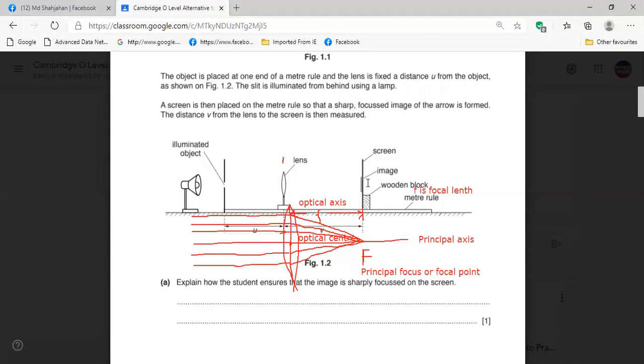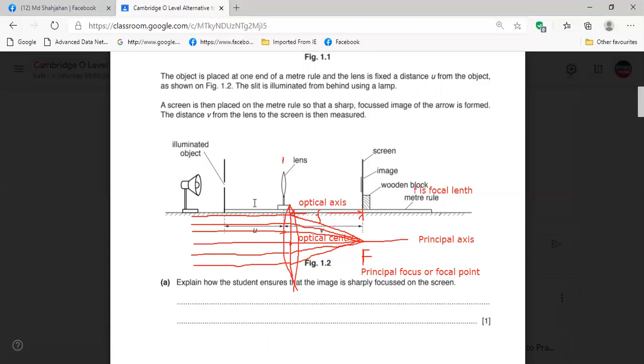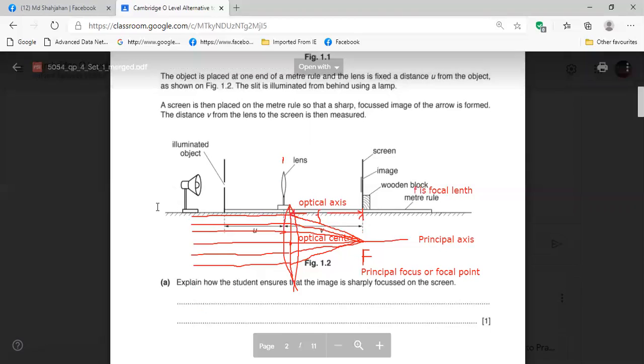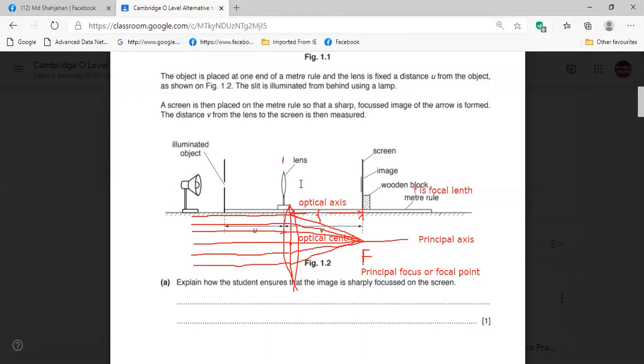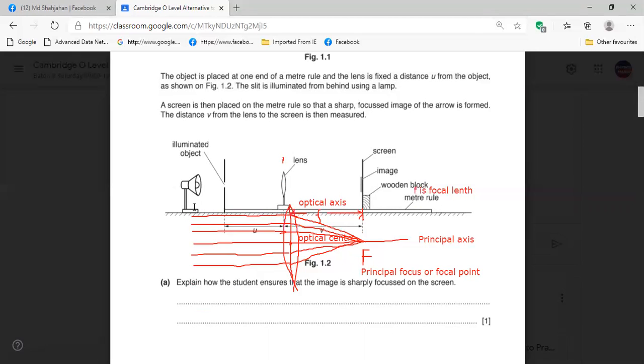Yes, sir. That's why we are not moving the lens and the object. We are fixing them in a place so that the object is in between the focal length and double of the focal length, so that we can show our image properly here, or at least more than double of the focal length.